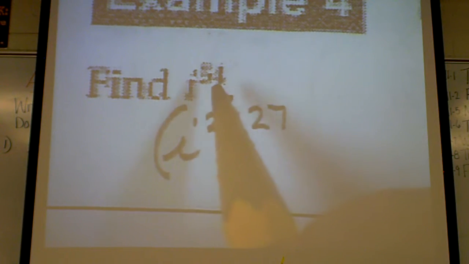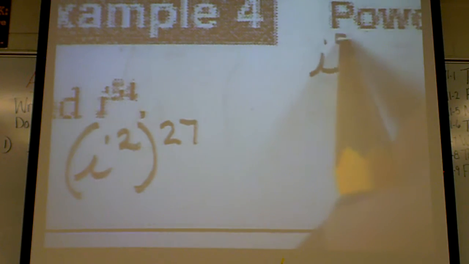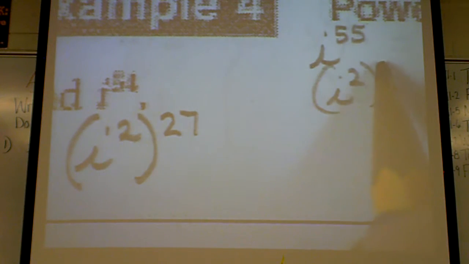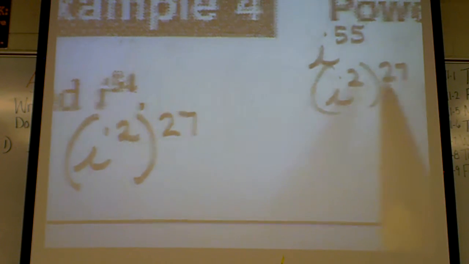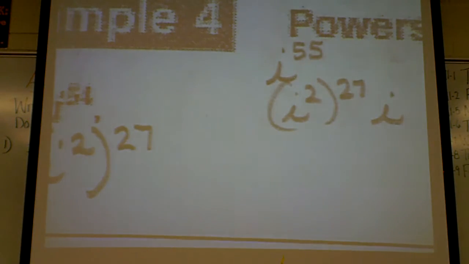If this were, let's say, a 55, if you had i to the 55th power, you would have i squared to the 27th, because that's 54, with 1 left over. So it's either going to go into it evenly, or there will be 1 i left over. So how do you know if there's going to be an i left over?